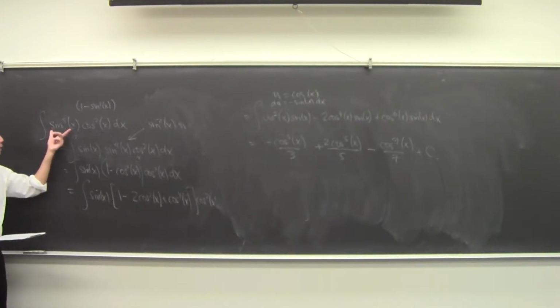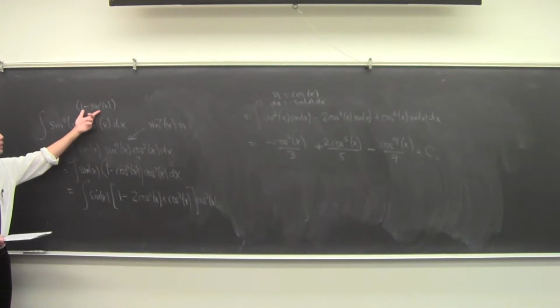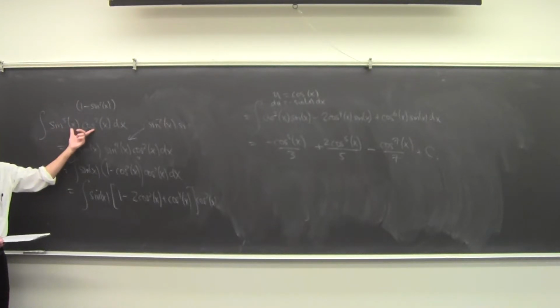I want to have a sine left over at the end, right? Without my sine left over at the end, if this were an even power, then switching it over to sines would just give me powers of cosine, right?